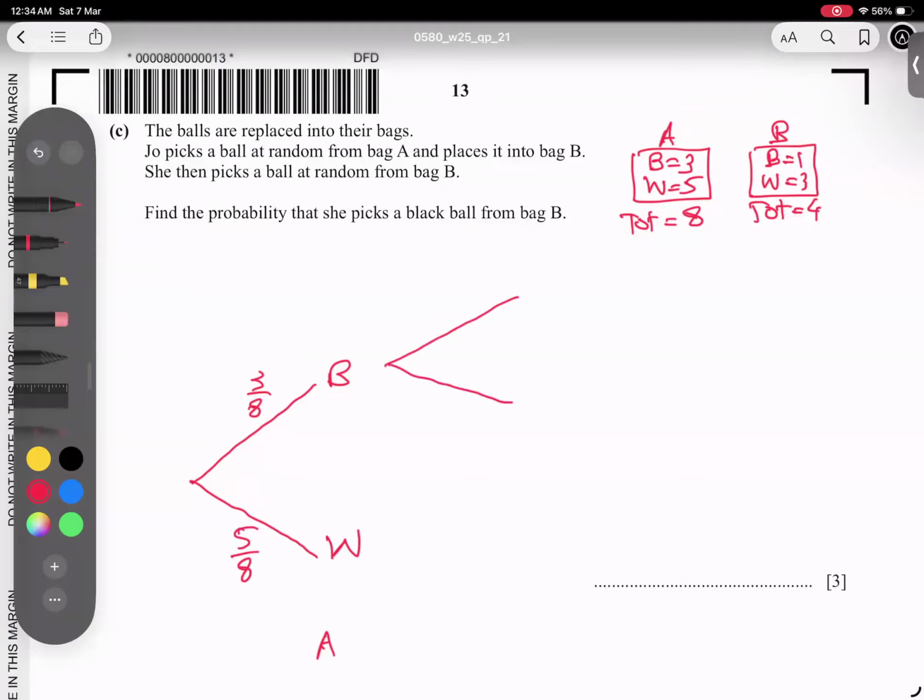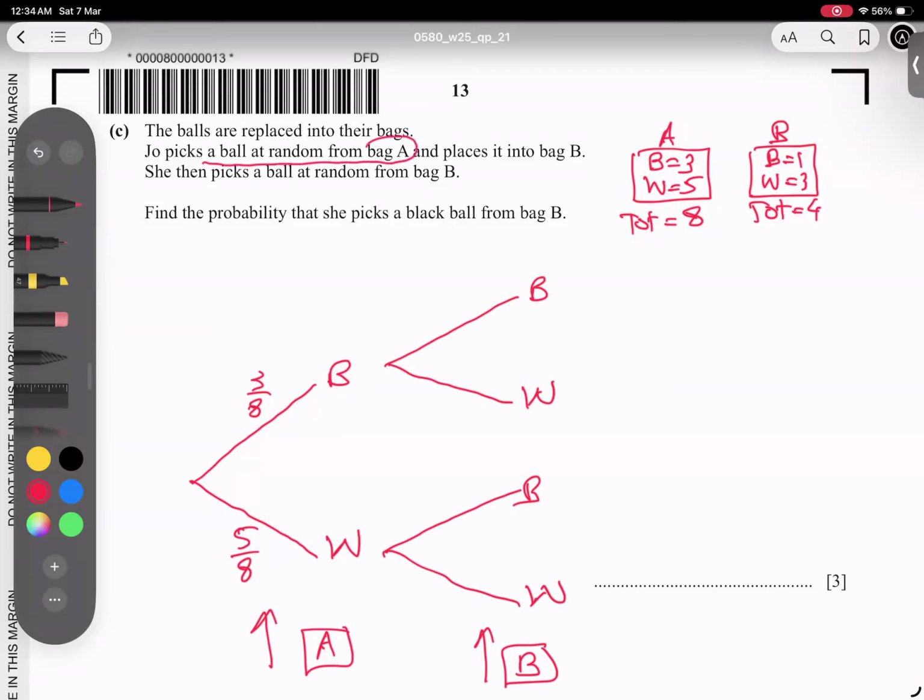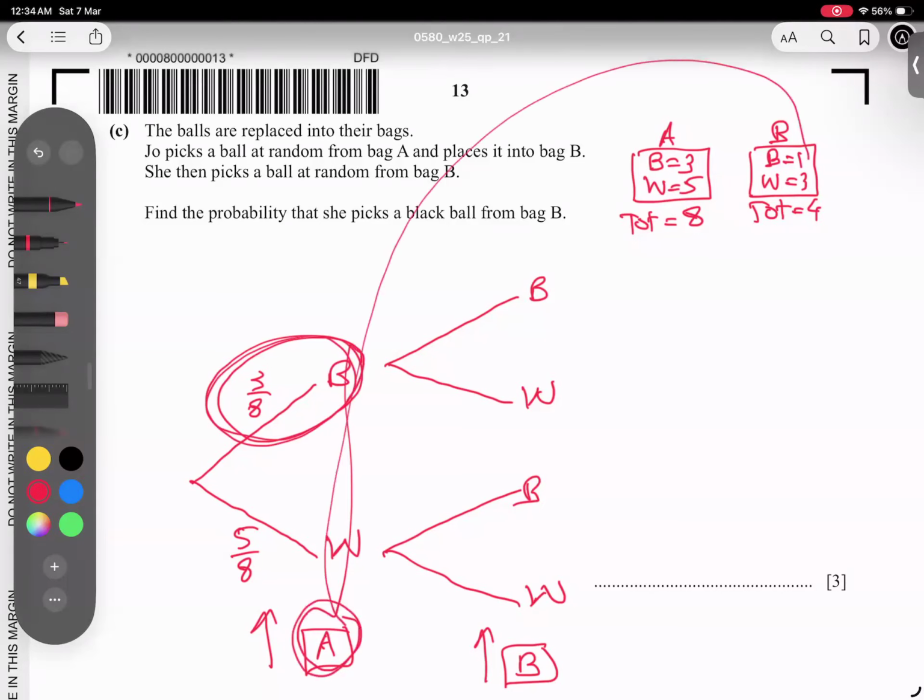Okay, now the interesting part is about to come. This is why this question is so interesting: two possibilities only, black and white. Again, here two possibilities, black and white. But this is bag B he talks about, and that was bag A. Read it: if Joe picks a ball from A and replaces it in B. For example, if we take one black ball from bag A, then what will happen, students?